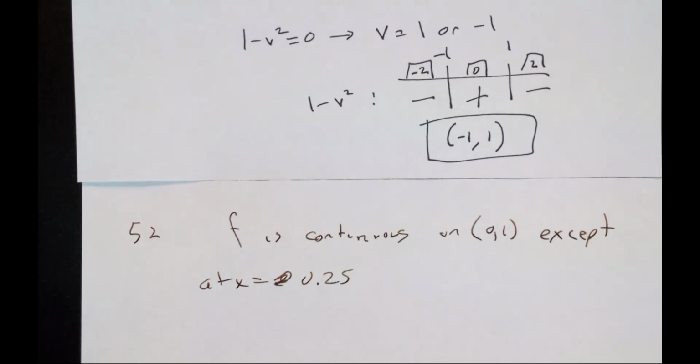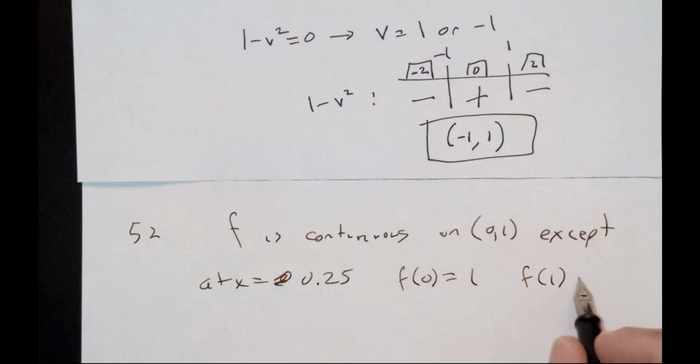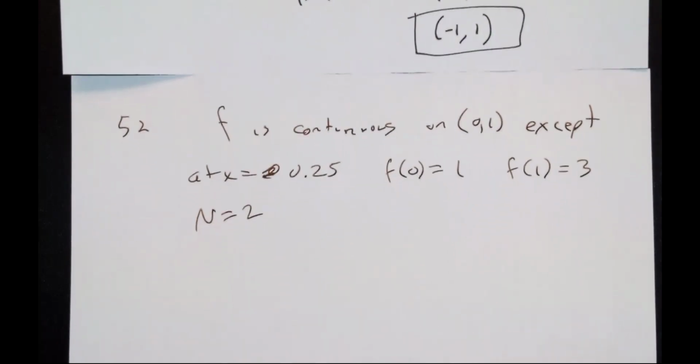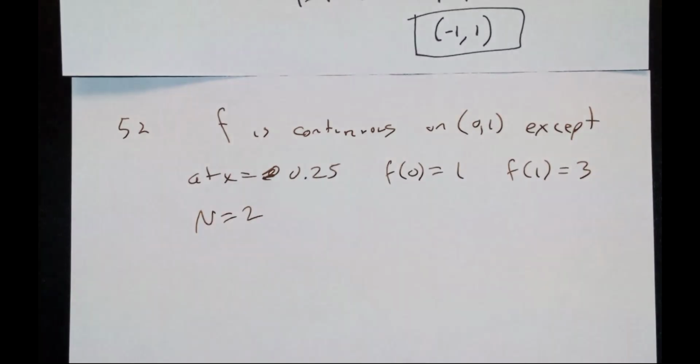We're told two other things, right? And now, what you're asked to do is to talk about the intermediate value theorem. So let's go read the intermediate value theorem together. What's the intermediate value theorem say?